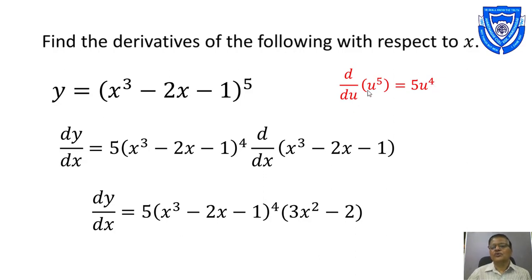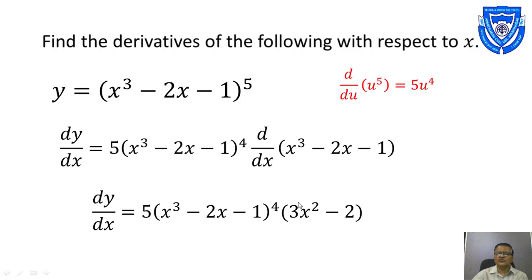Because our problem is of that type, we treat this x cube minus 2x minus 1 as u. So it is u raised to 5 and its derivative is 5 into u raised to 4 into derivative of u, because of chain rule.